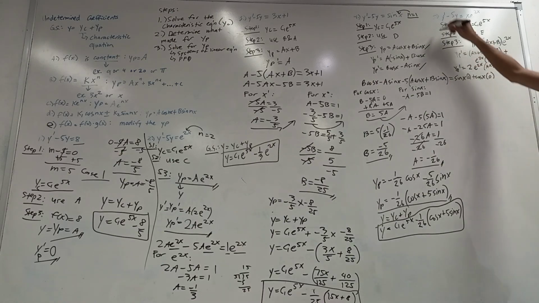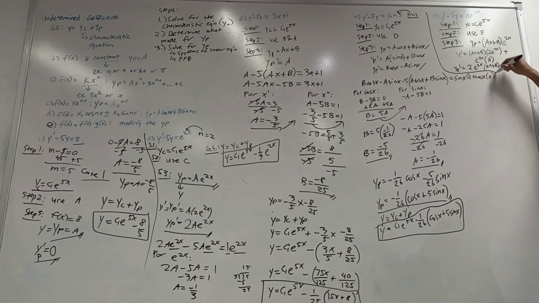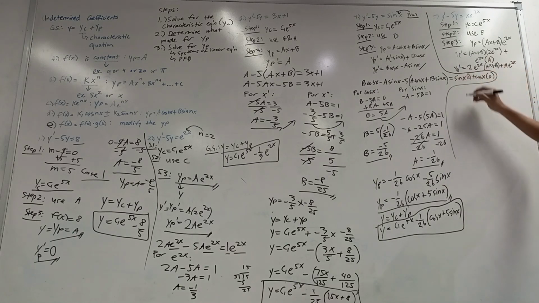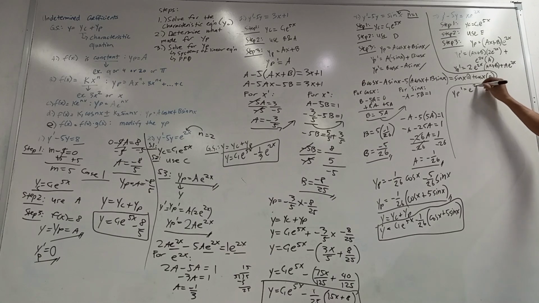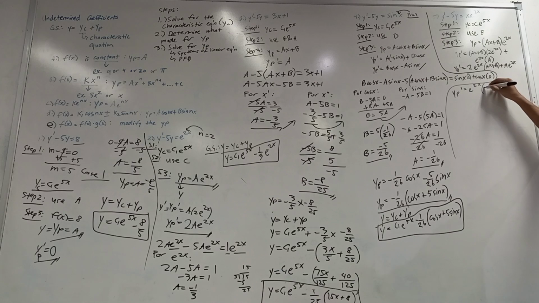So yp prime is equals to e raised to 2x times 2ax plus b plus a.